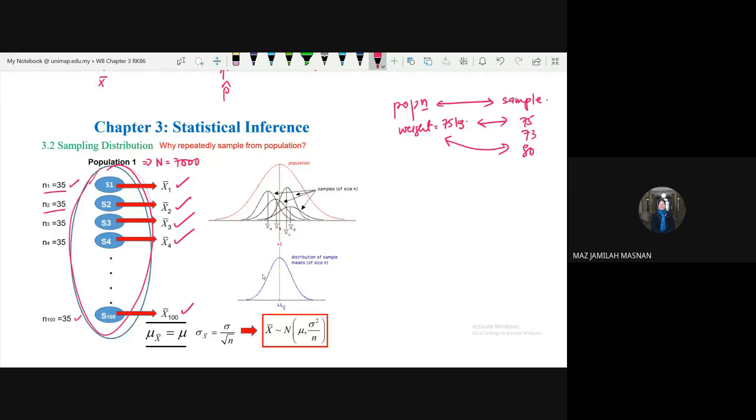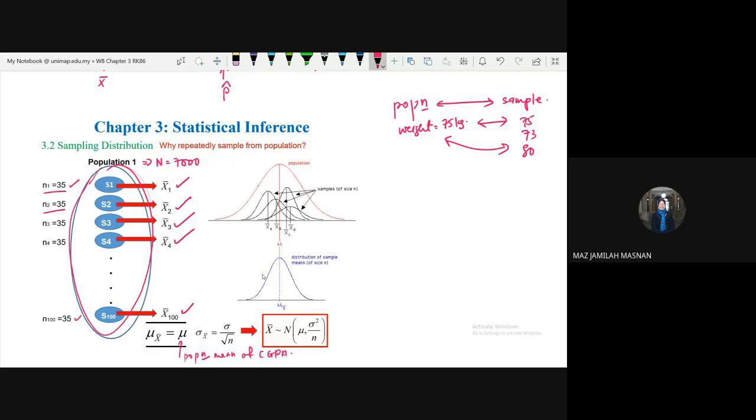And if we total up the means of our CGPA, we can get our estimation of the population mean, the population mean of CGPA.